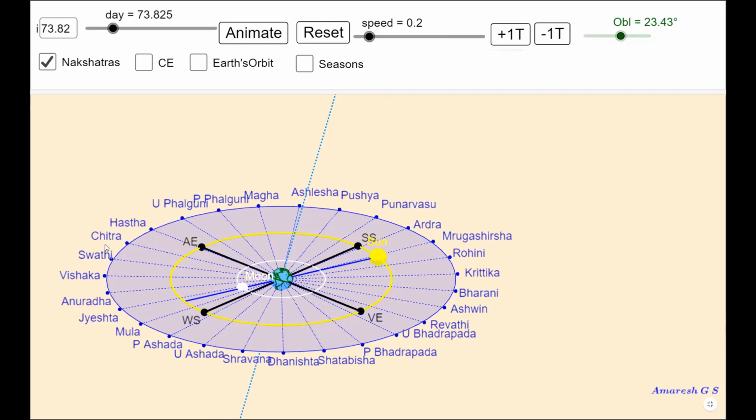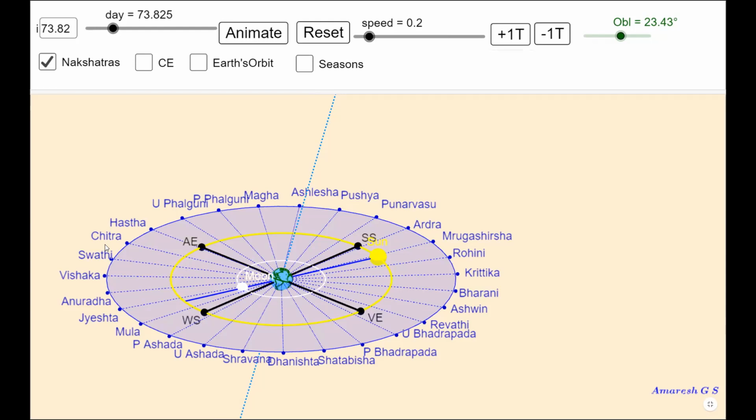How did we get 354 days? For 1 single synodic lunar month, that is to say from Amavasya to Amavasya, it takes about 29.53 days on an average. For simplicity, we took 29.5 days times 12 lunations, 12 rounds of the moon from Amavasya to Amavasya.